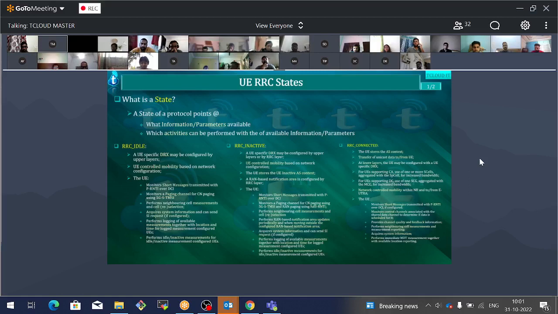Different types of information will be available depending on what kind of activities UE is supposed to perform in that particular state. So the major details that would be different are what details you know, and with the help of those details, what you can do. That is what a state is.